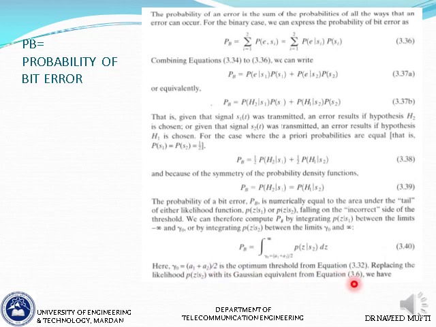So if we replace the conditional probability of Z given S2 with its Gaussian equivalent from equation 3.6 we studied earlier, that is what we get for the probability of bit error, and in the general equation of the Gaussian probability density function, that is what we get. So we can get the probability of bit error directly from the equation of the Gaussian distribution. That's what you need to remember. That is how we calculate the probability of bit errors for the binary case.